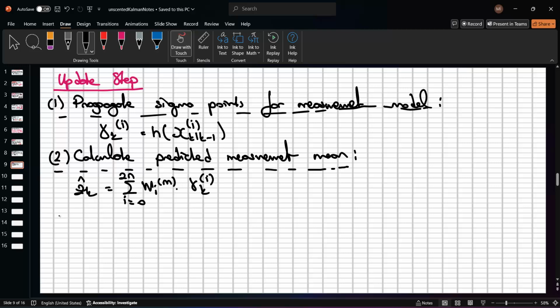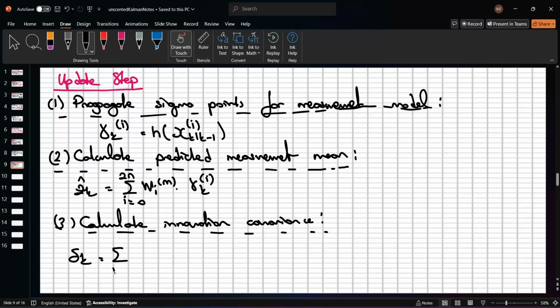This is simple. And so in the third place we need to calculate the innovation covariance. Okay, and so Sk is equal to what? The sum over i equals 0 to 2n of wic times gamma k i minus zk hat, right?